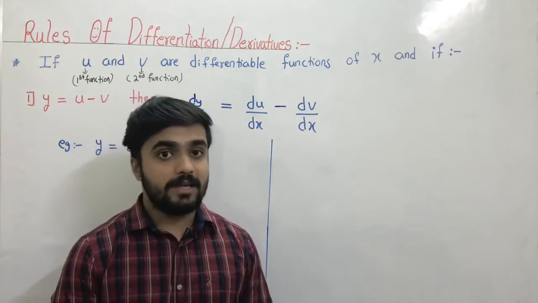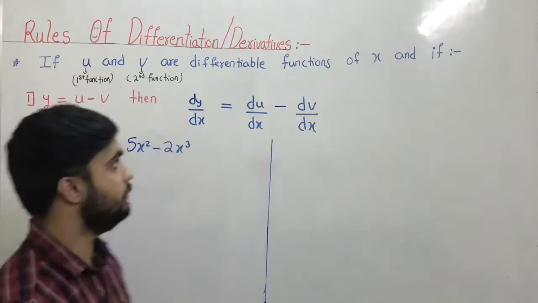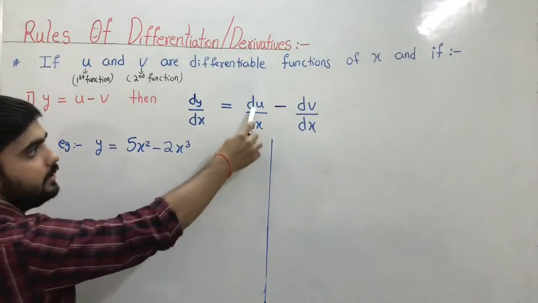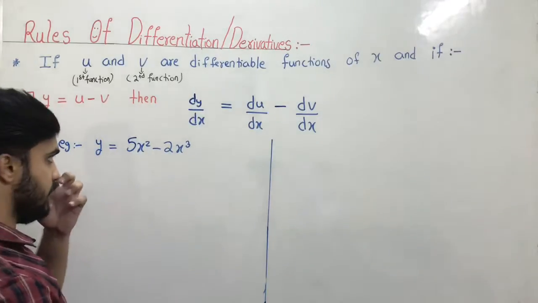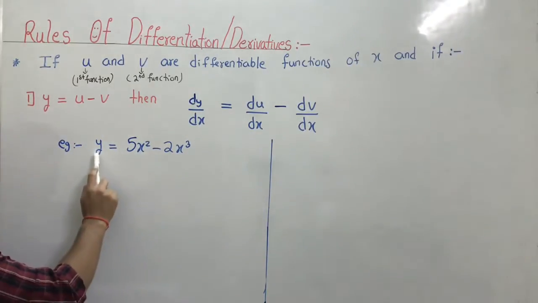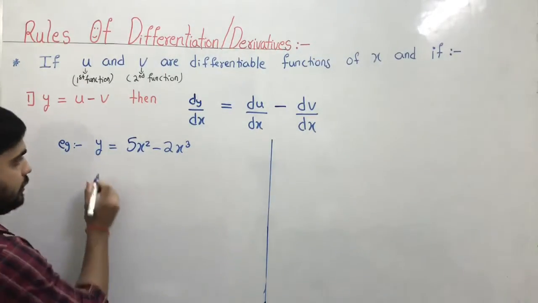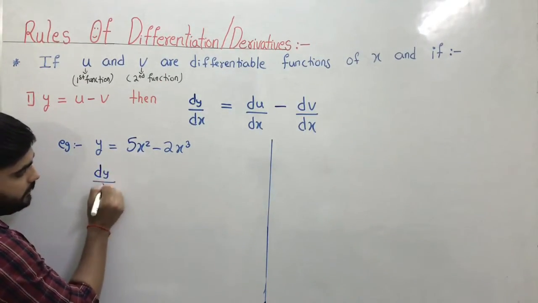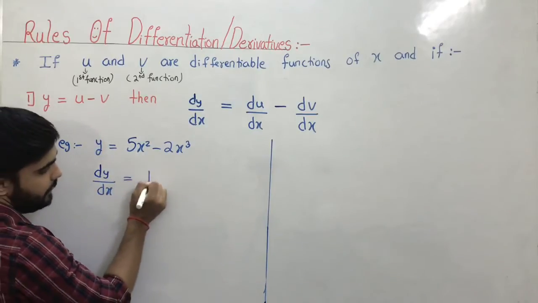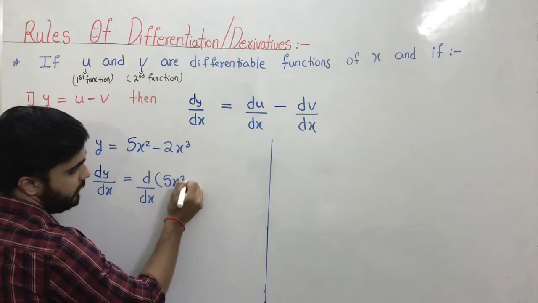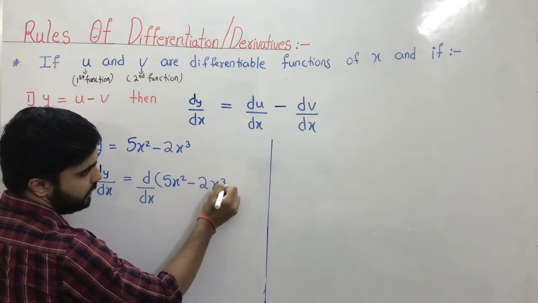Our next numerical is based on the second rule, that is, if y is u minus v, then dy by dx is du by dx minus dv by dx. So our example is y is equal to 5x square minus 2x cube. For this case, dy by dx will be d by dx, that is derivative of 5x square minus 2x cube.